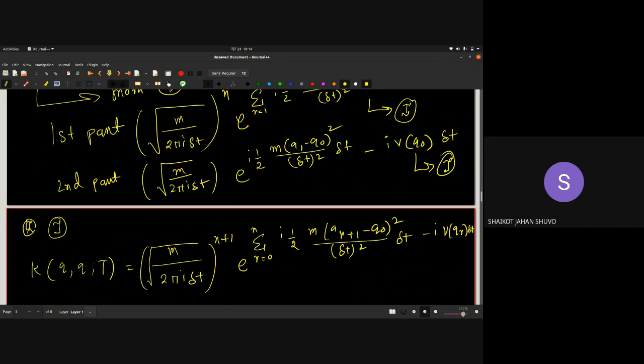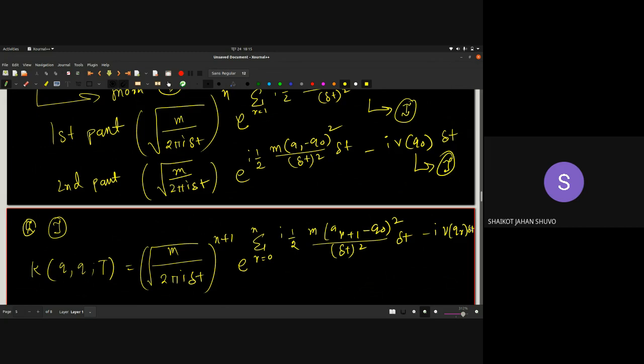Now we are dealing with a space where time and q, all of them, are continuous, right? And what did we say earlier? That our time steps should be broken into very, very small pieces, like the time from 0 to capital T is being broken down into really small steps.